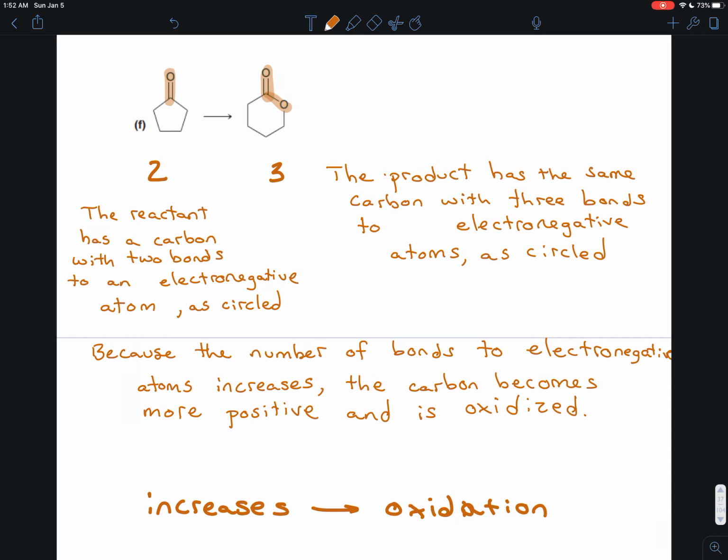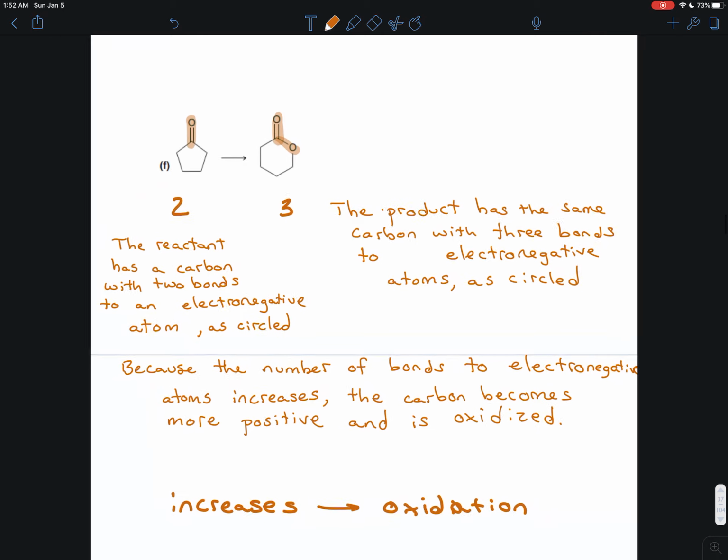So that's an example of the type of reasoning. And if it were reduction, then you'd say because the number of bonds to electronegative atoms decreases, the carbon becomes more negative and is reduced.